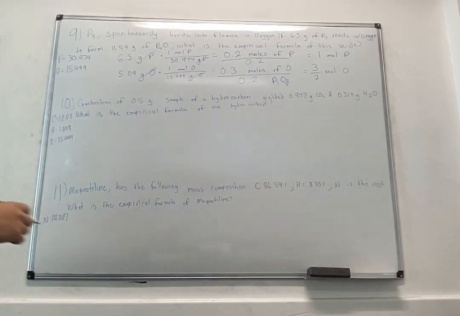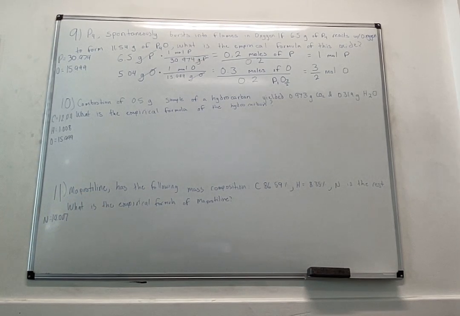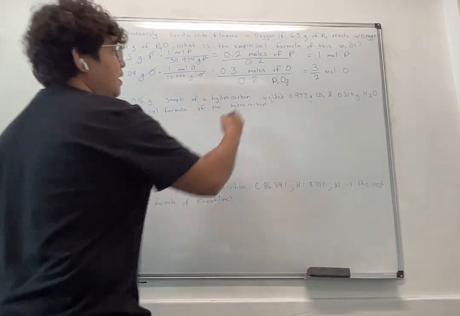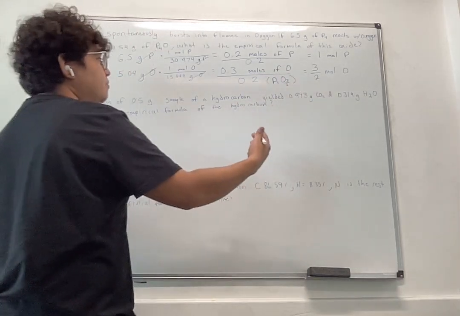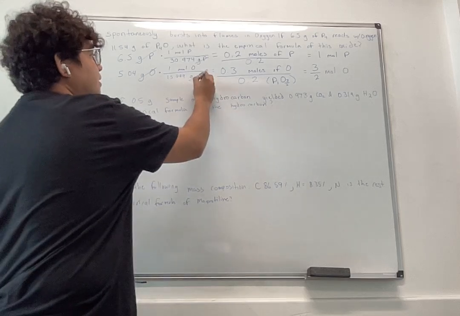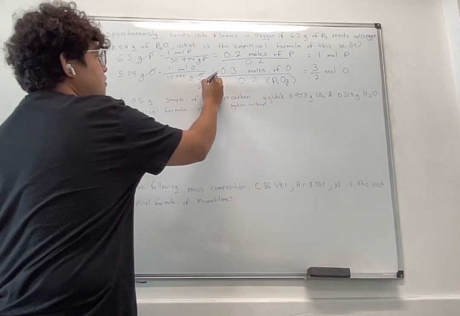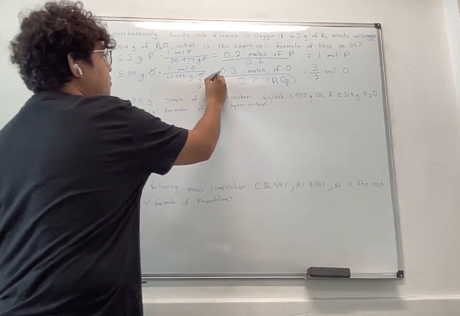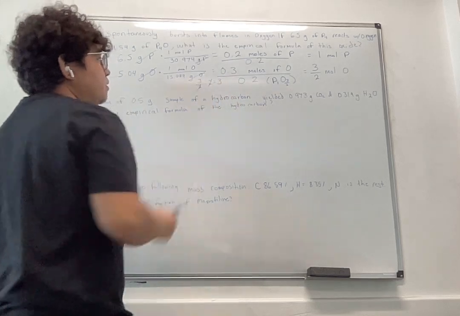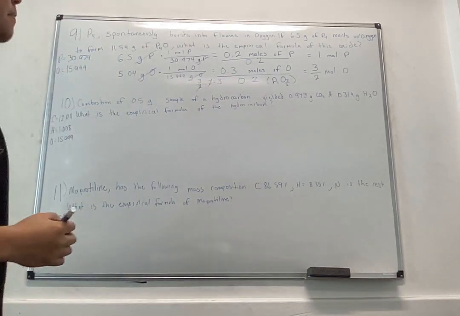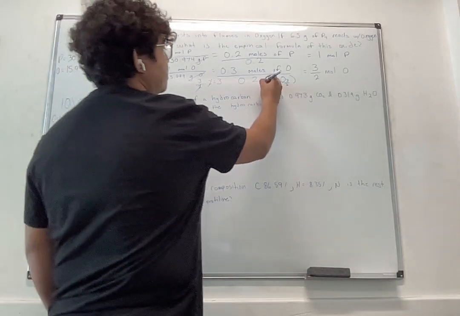Now, the problem here is we can't have fractions in our subscripts. So we're going to multiply by a number so that this 3 over 2 cancels out and we get a whole number. In this case, 3 over 2 times 2 equals 3, because the 2 and 2 cancel out. So I'm going to choose 2 for this one.